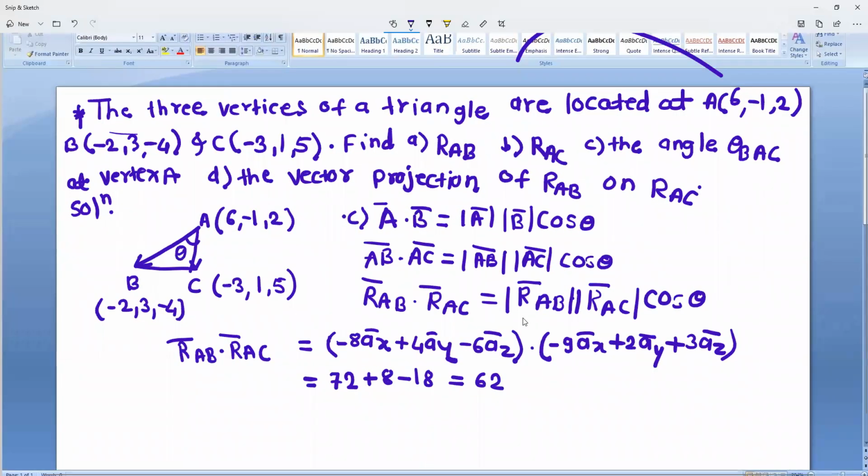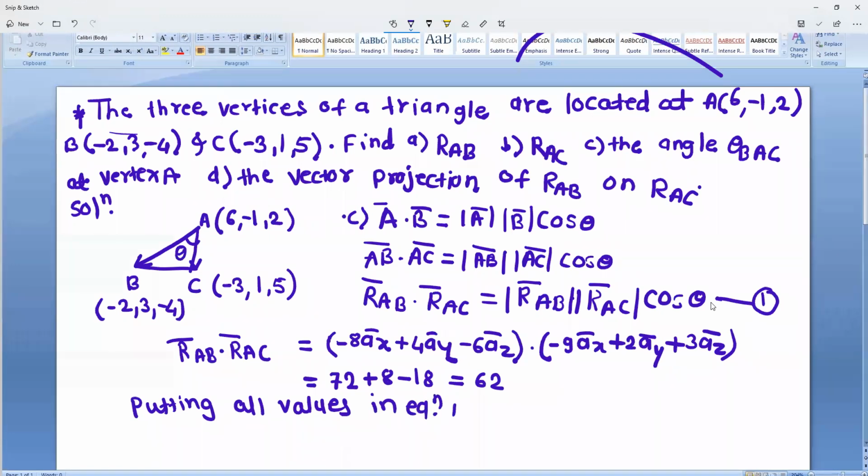Now, I think we already have the magnitudes of R bar AB and R bar AC, so we can directly put them in this equation. Write this down as equation 1 and put all values in equation 1.